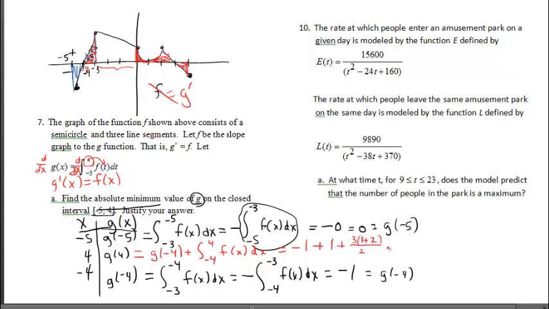Those are the y values. Plus, consider this a rectangle here. A rectangle that's 2 by 1, so that area is 2. But I need to subtract the area in the semicircle. And the area in the semicircle is pi r squared divided by 2. So the radius of the semicircle is 1.